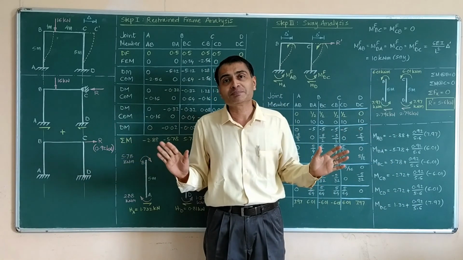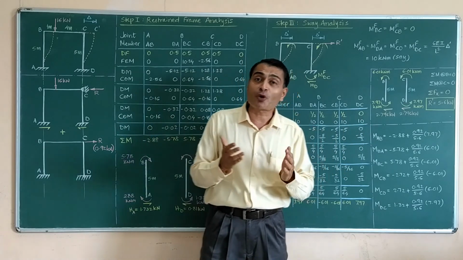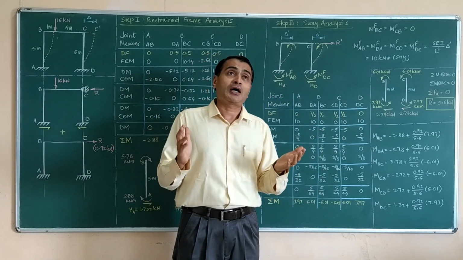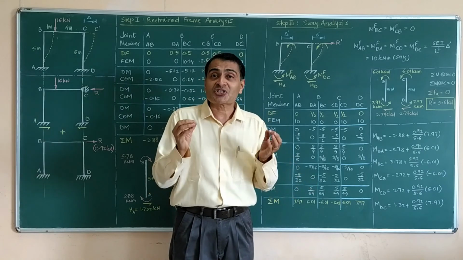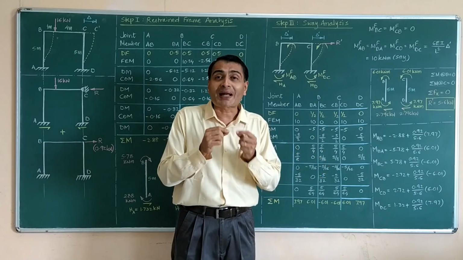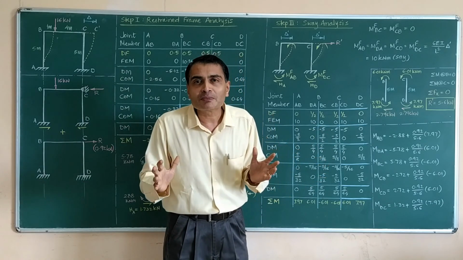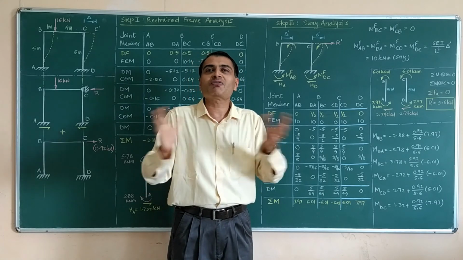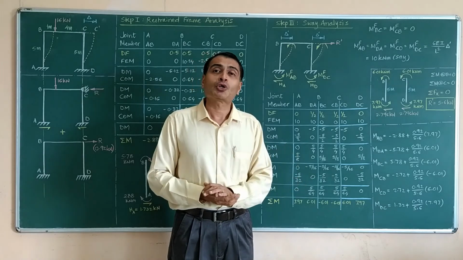That's all. Great. So that is how simple this problem is, or I should say that is how interesting this problem is. Slightly involved, but once this logic is clear, once you practice a couple of problems, you will get a perfect grip of even sway frame analysis using the moment distribution method.